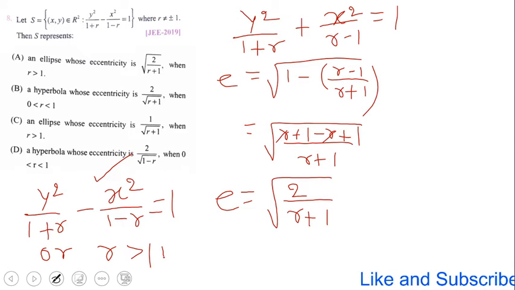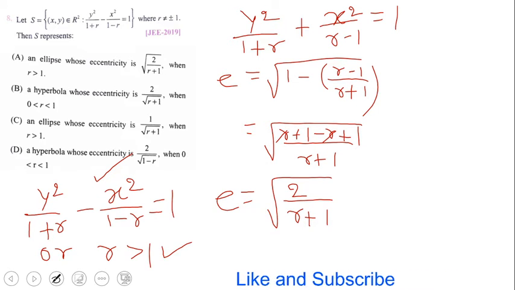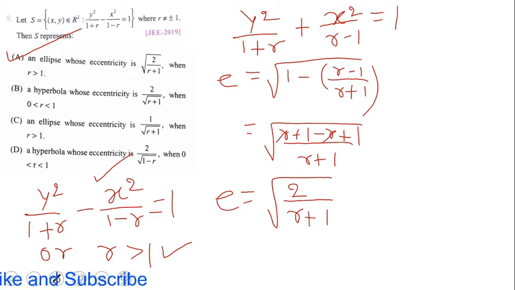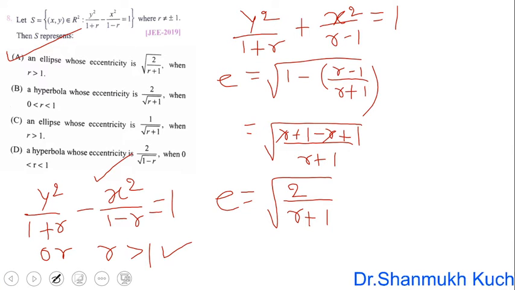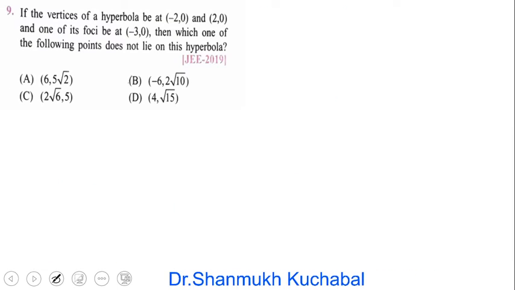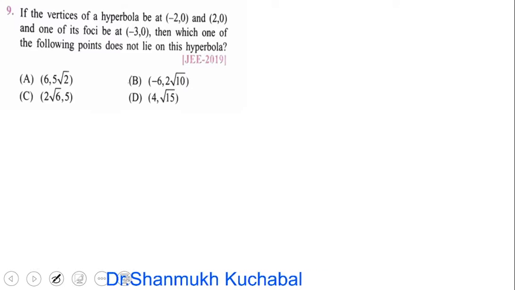So r is greater than 1, so options A and C have r greater than 1, and the eccentricity is the square root of 2 divided by r plus 1. Therefore clearly option A is the right answer. So like this we have to find the eccentricity. I have used the relation between e, a and b. Using this we have to find the eccentricity. Okay, we'll move to our next example, example number 9.